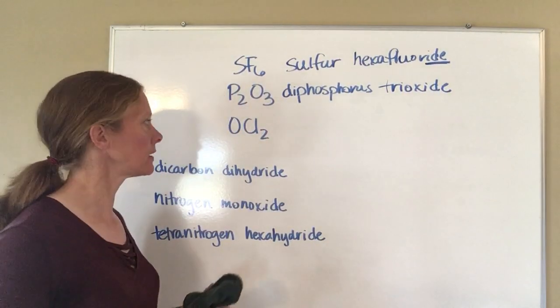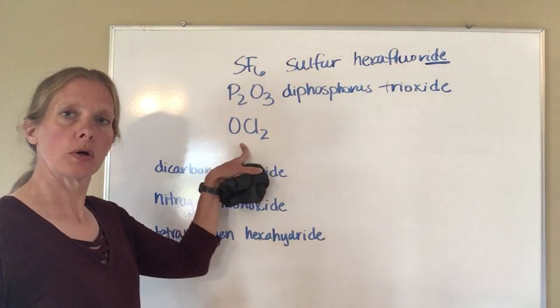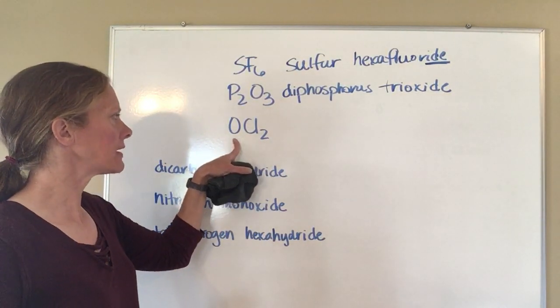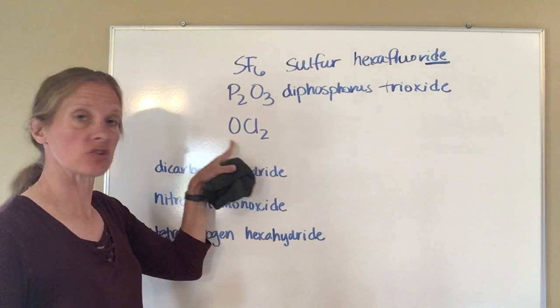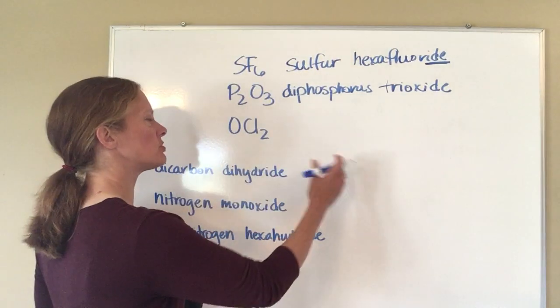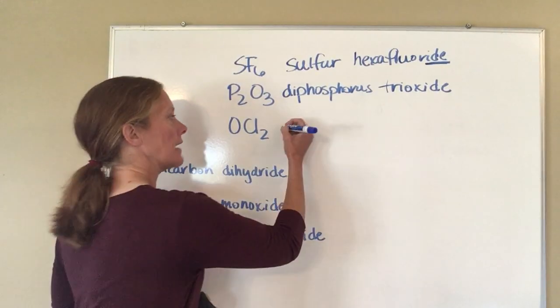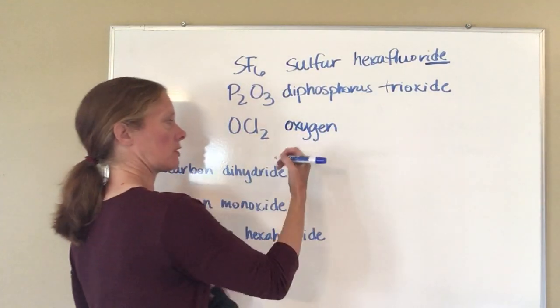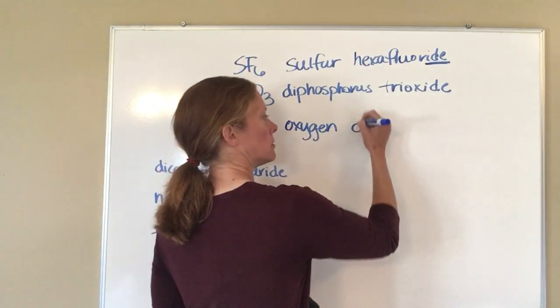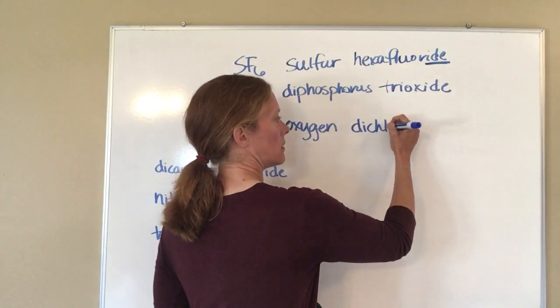Diphosphorus trioxide. Okay. OCl2. Again, just like on the top one, I have an oxygen, but I just have 1 of them, so I don't need to use a mono on the front. I can just say oxygen, and that's only true on the first one, not on the second one. So oxygen dichloride.